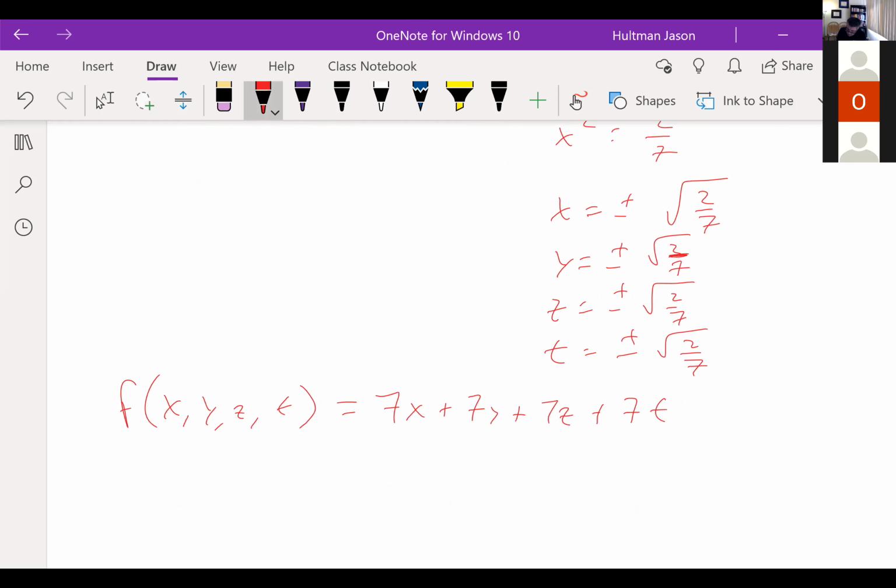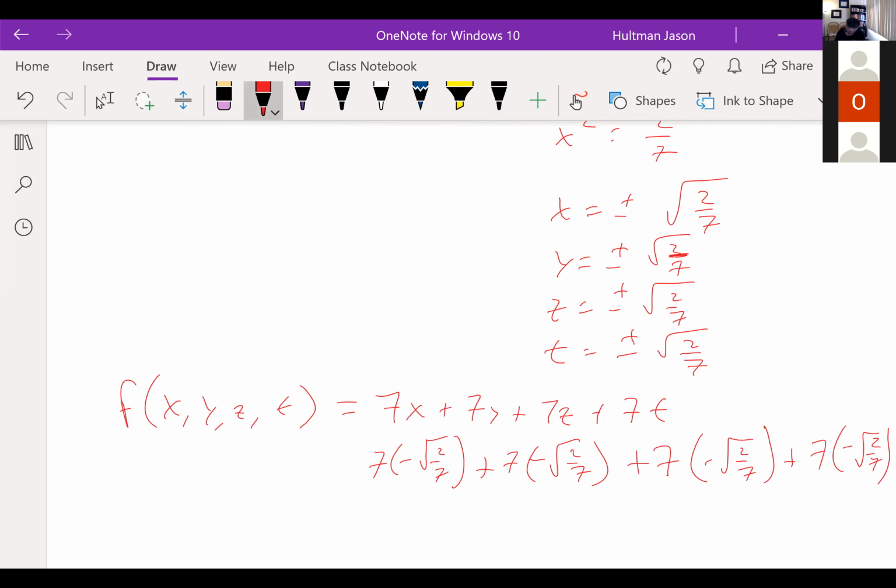So this is going to be 7 times negative radical 2 over 7 plus 7 times negative radical 2 over 7 plus 7 times negative radical 2 over 7 plus 7 times negative radical 2 over 7. Okay. So now let's clean this up a little bit.